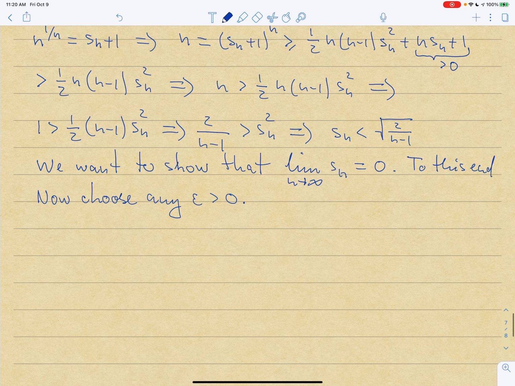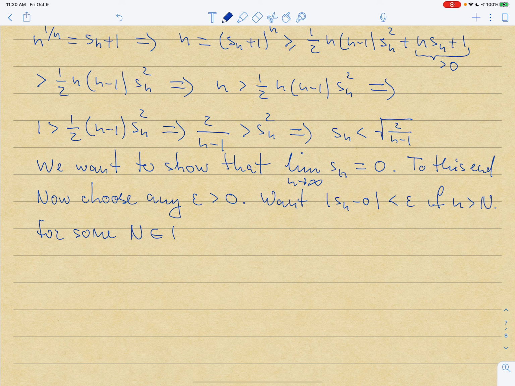I want Sn minus 0 to be less than epsilon if n is bigger than capital N, for some capital N in R. So the only thing that I need to do is figure out how to select capital N.